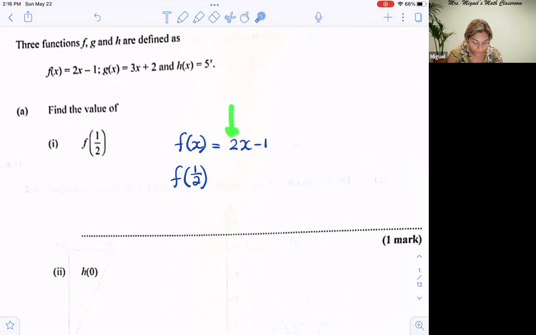So you see the 2 and the minus 1, that already has a value. I cannot replace anything there. So that stays. And in place of x, I am going to put a half. So take it down, work it out, and get your answer. Go ahead.